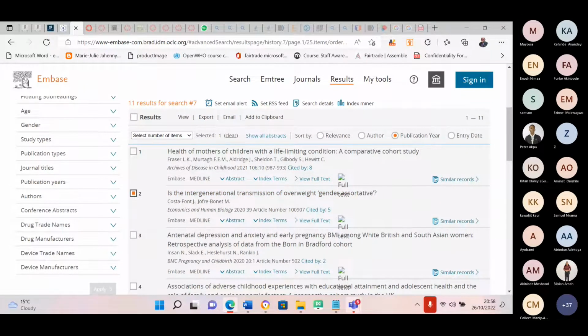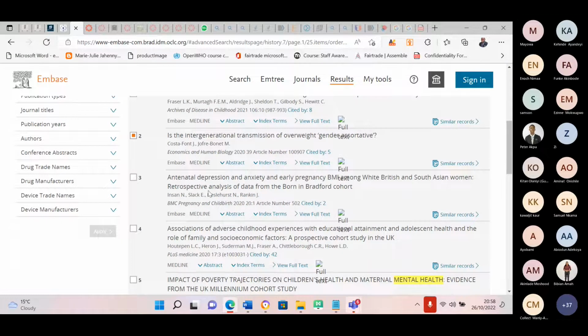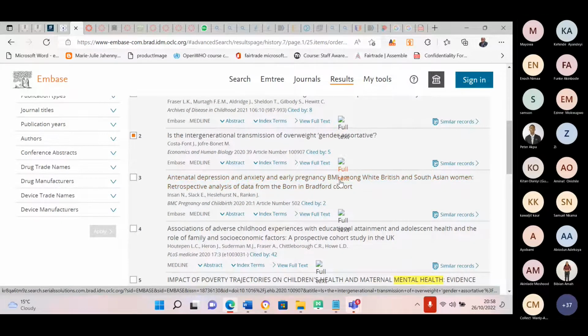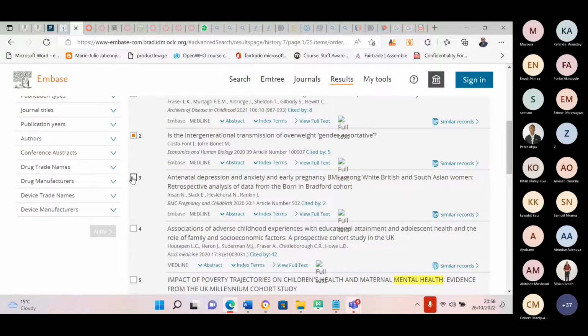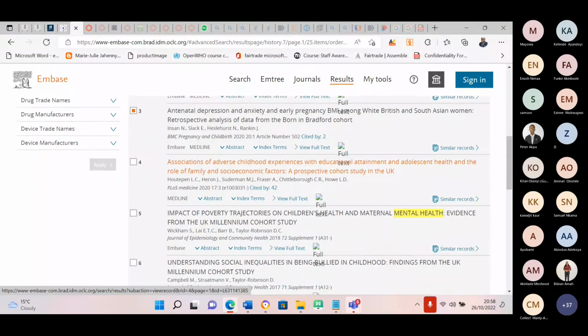So I'll just select only the title. This one is antenatal depression and anxiety and early pregnancy BMI. Correct? Okay, it is dealing indirectly. So I've seen 2. Association of childhood experience with education attainment, adolescent health. I'm looking at mothers, not adolescents, right? But an adolescent can be a mother, right?